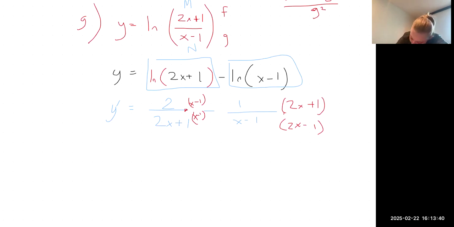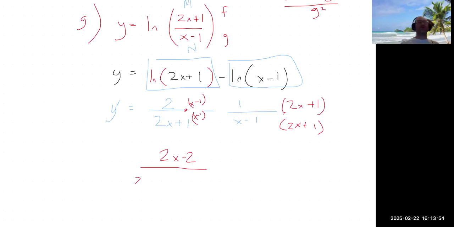Now that is going to give y prime equals 2x minus 2 over the denominator. We don't necessarily have to multiply that out; we can leave it factored. They will now both be the same.